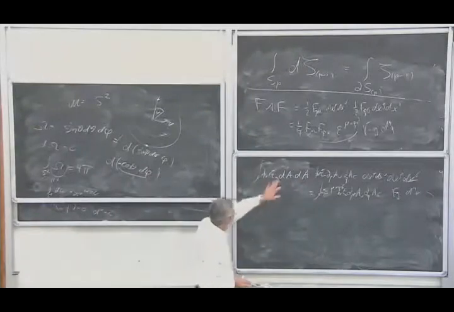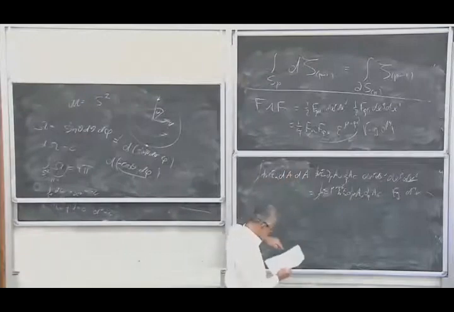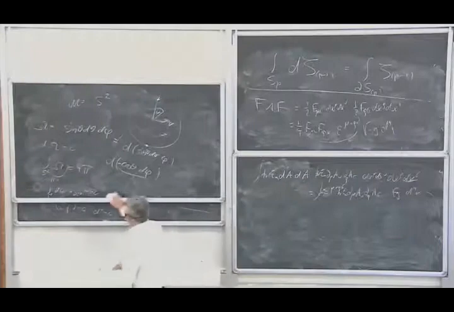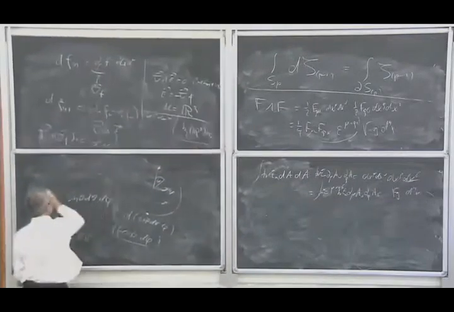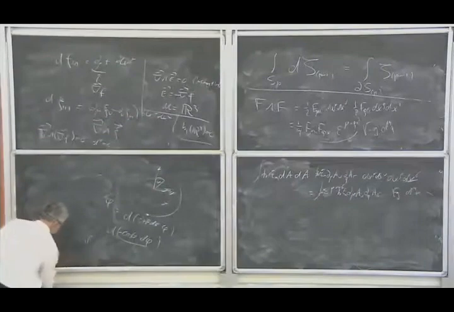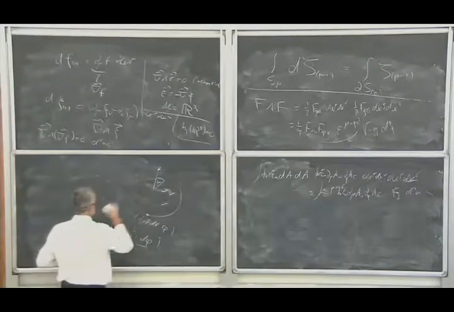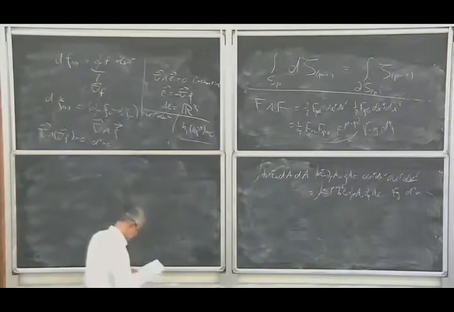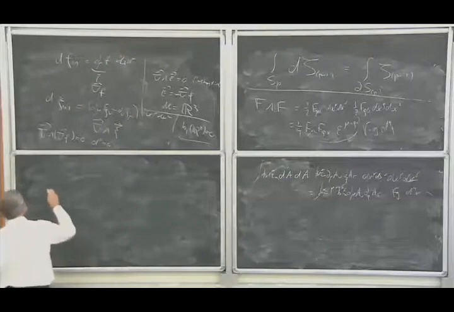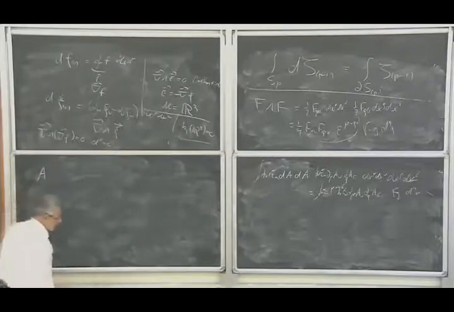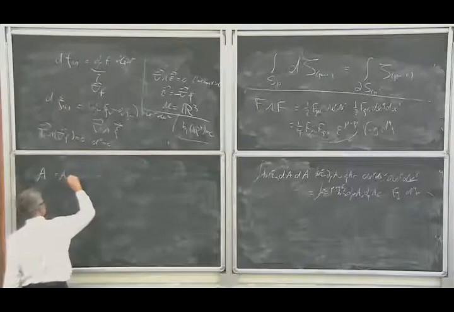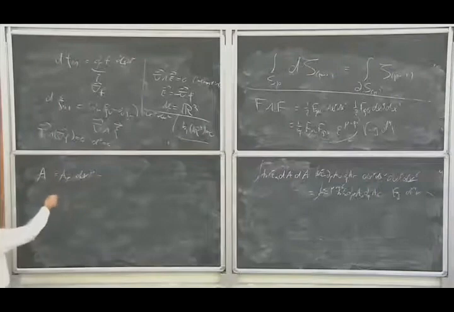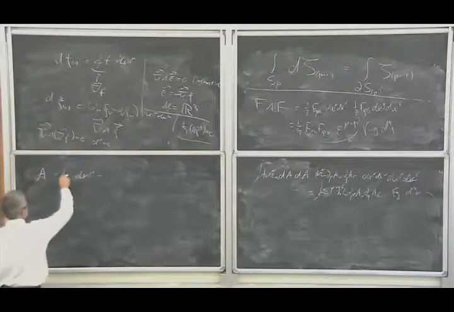Now, this is non-abelian, so let me say a couple of words about non-abelian gauge fields written as forms. Okay, so we introduced the gauge field 1 form A as A mu dx mu. But in the non-abelian gauge theory, these are matrices, okay?